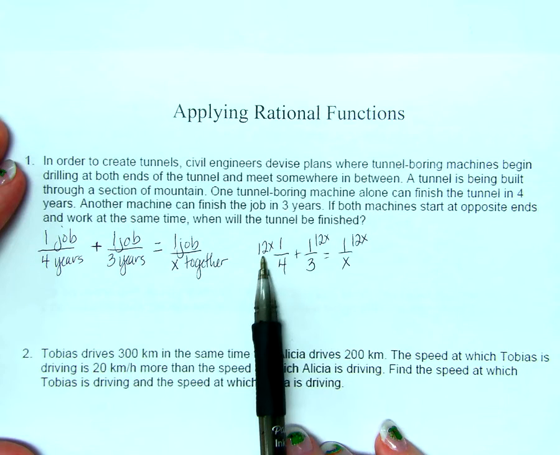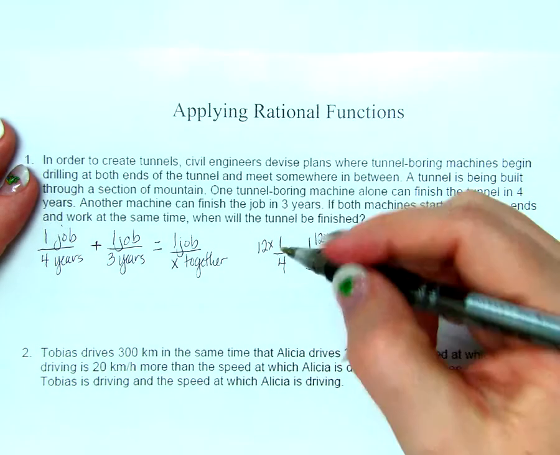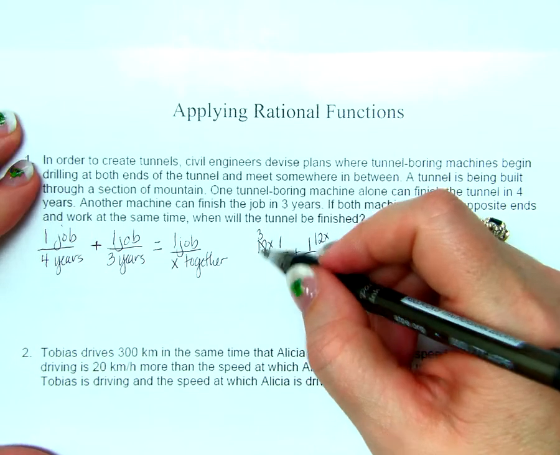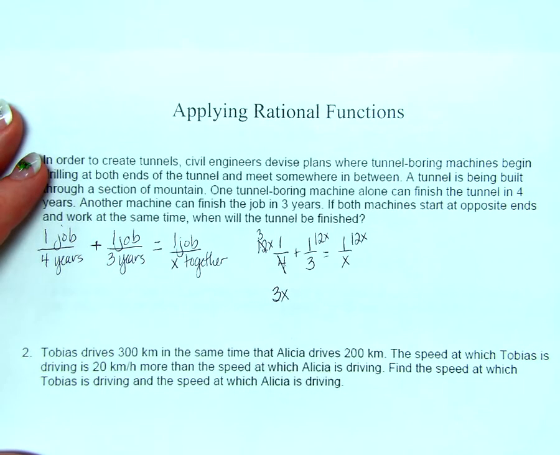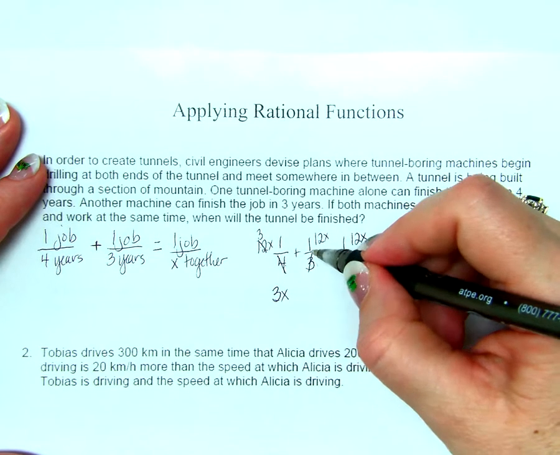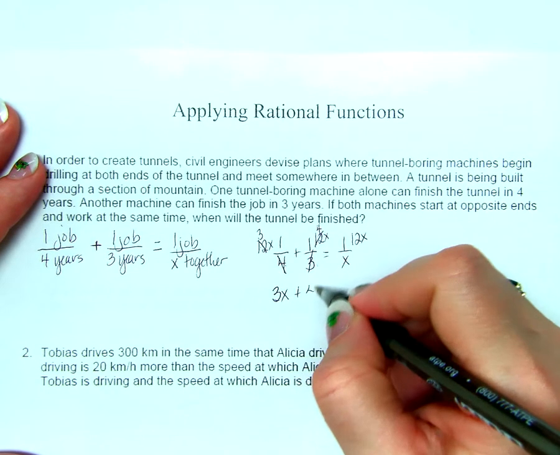What happens in the first fraction when I multiply by 12x? The 4 simplifies with the 12 and it becomes a 3. So all I have left is 3x. What happens in the second fraction? The 3 simplifies with the 12 to become a 4, and I have 4x.